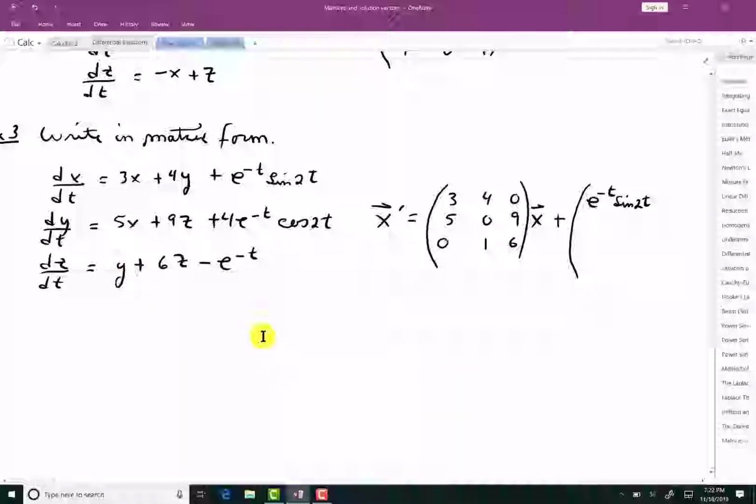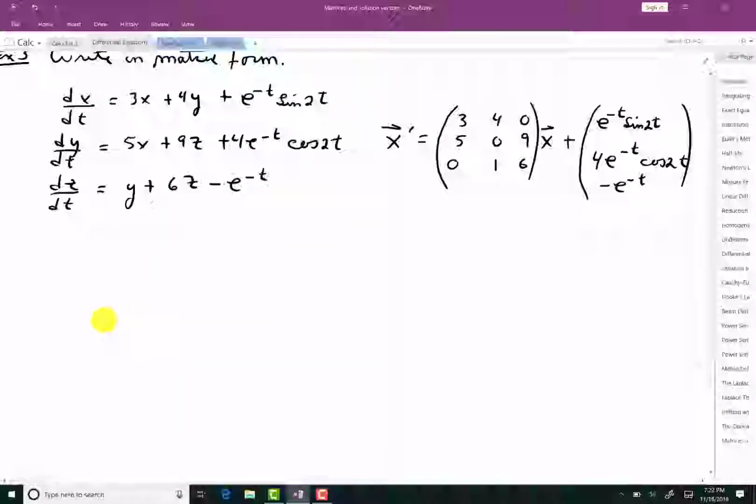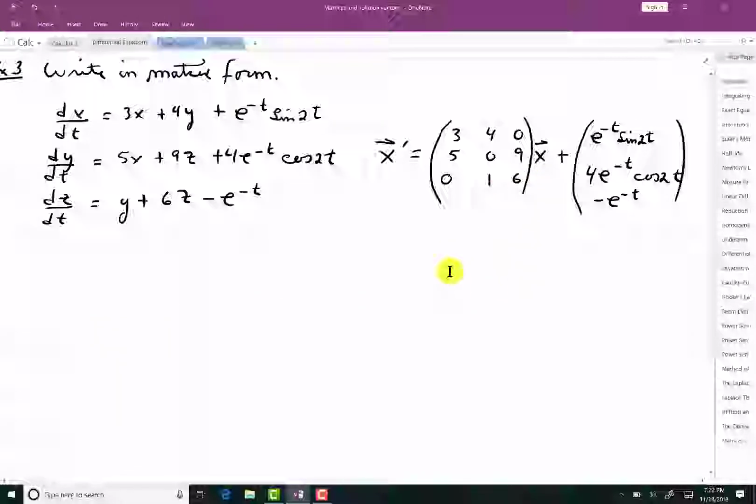And then I have 4e to the negative t cosine of 2t. And then finally I'll have negative e to the negative t. Now, for convenience, they'll most likely do something like this instead. I'll put my matrix as usual.